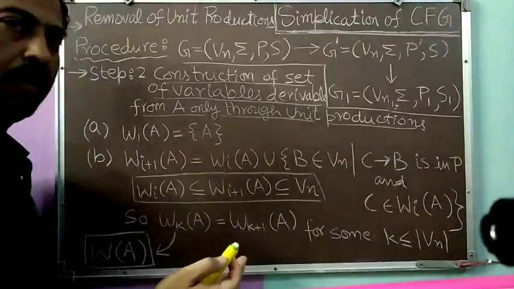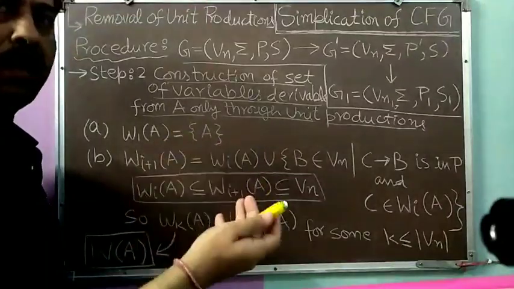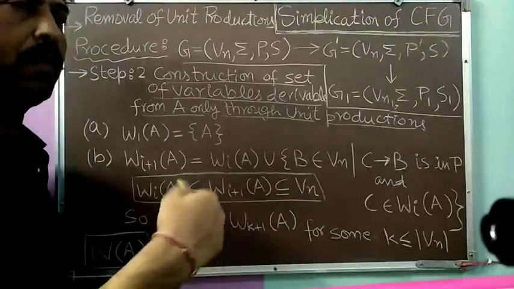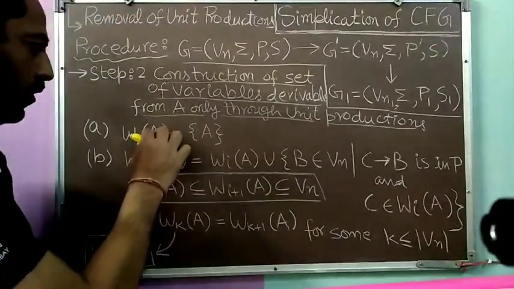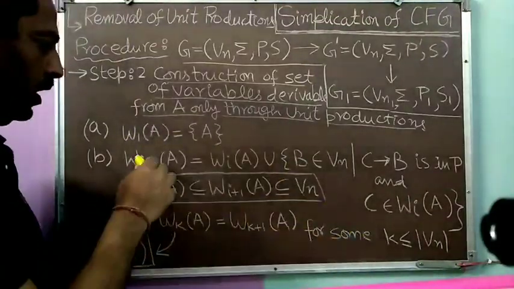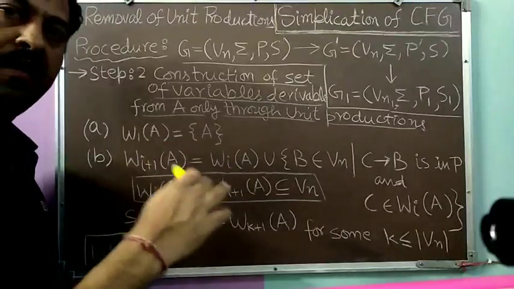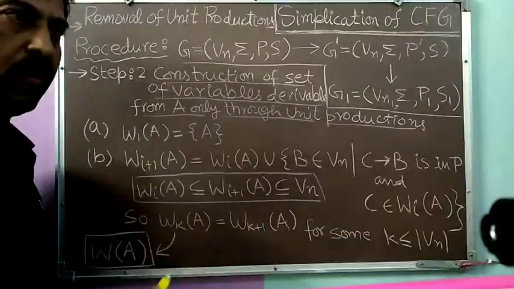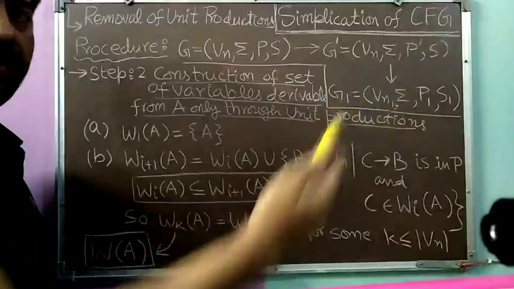So in this manner, we will form our Wi plus 1 of A with the help of Wi of A. With the help of W1 of A, we will form W2 of A. If we can further expand, then with the help of W2 of A, we will find W3 of A, and in a similar manner up till we can expand.